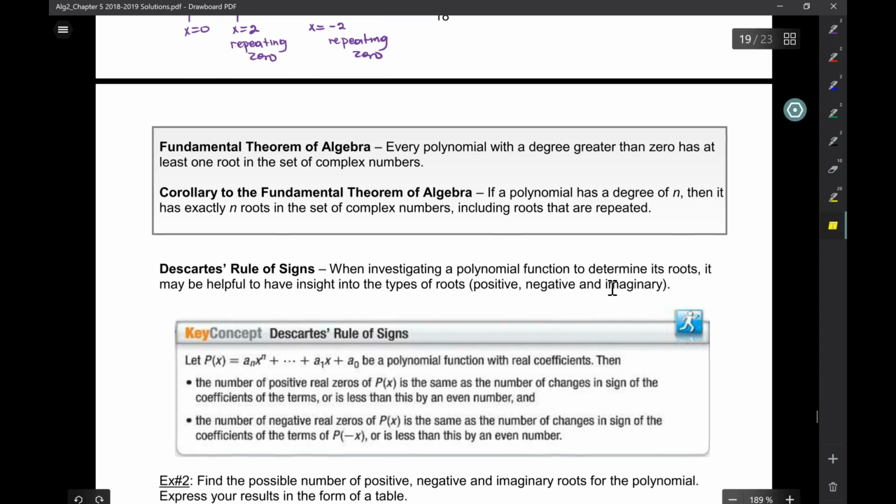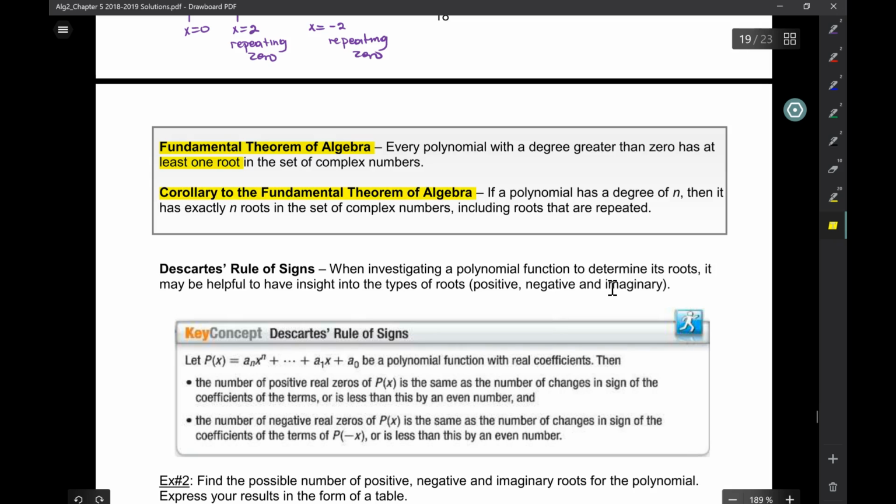Fundamental theorem of algebra. My goodness, how important do you think that is? It says every polynomial has at least one root, right? So basically you can never say, oh, this polynomial has no solutions. No, no, no. Every polynomial has at least one solution. It could be real, it could be imaginary, but it's got a solution. Now, from that, you guys remember the word corollary?